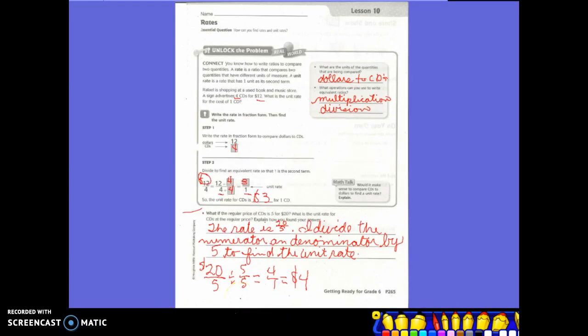So I'm going to take my $20 over 5, divide each of those by 5 to get 1 in my denominator. 20 divided by 5 is 4, and 5 divided by 5 is 1, and that gives me $4. So $4 for 1 CD.